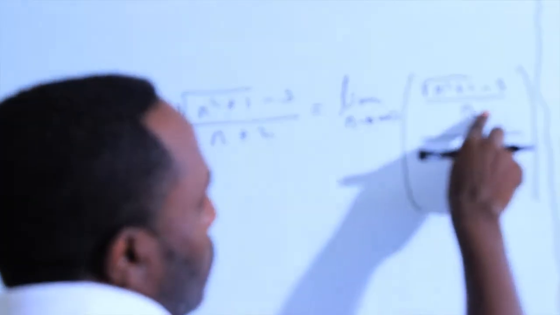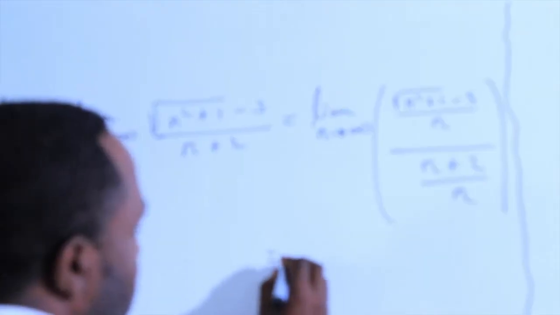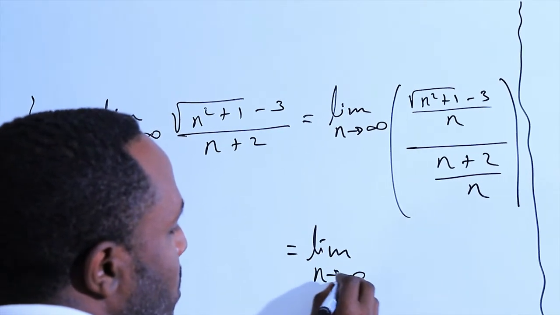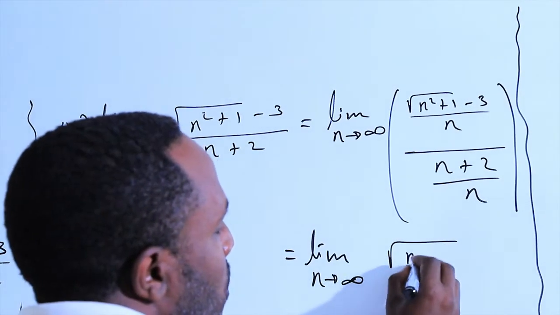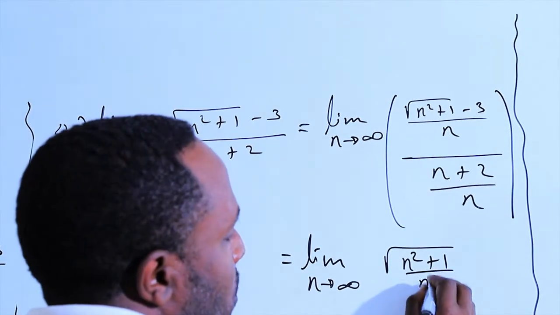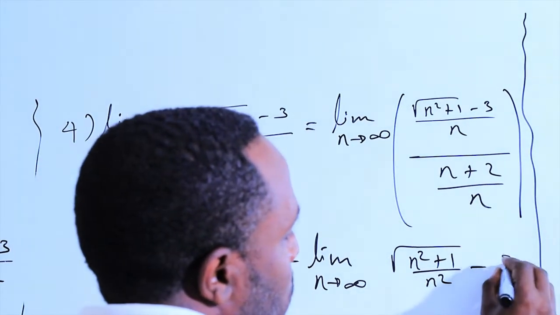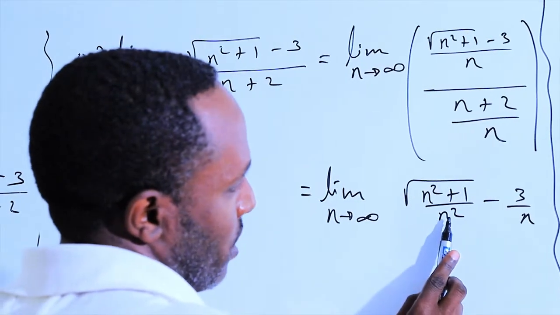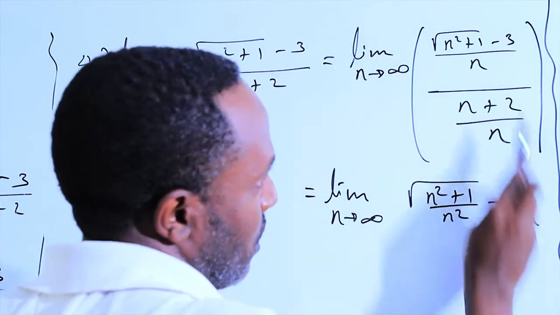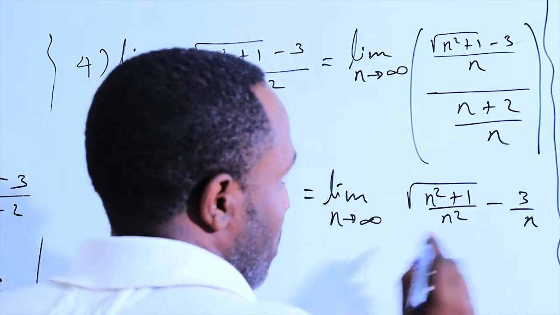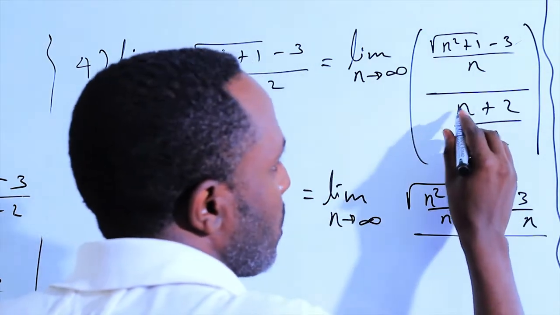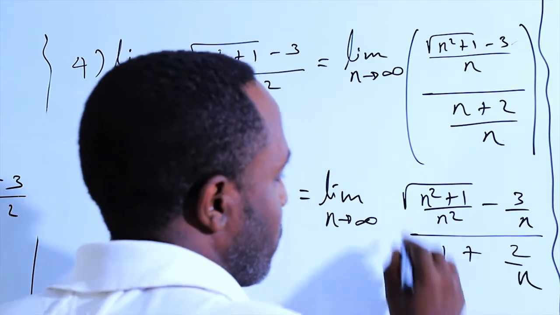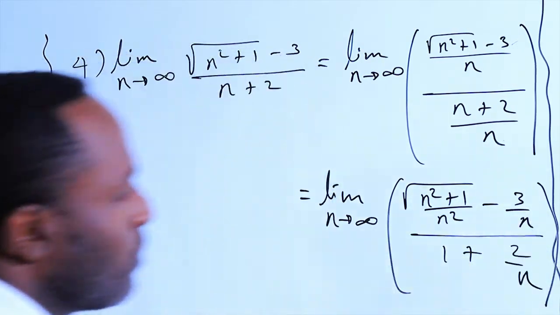So when we insert this into the radical, as we have said before, which is the square root of n squared plus 1 over n squared minus 3 over n. When we insert inside the radical, it must be a square, but it is outside as it is for n. Don't forget this part. Over the whole, which is n over n is 1 plus 2 over n, as n tends to infinity.